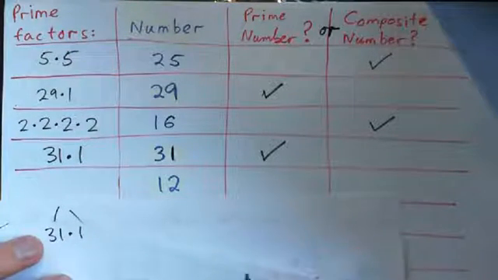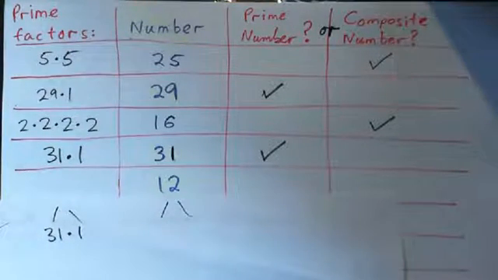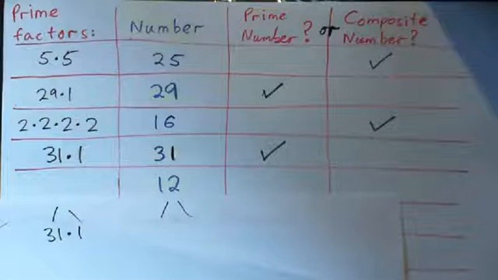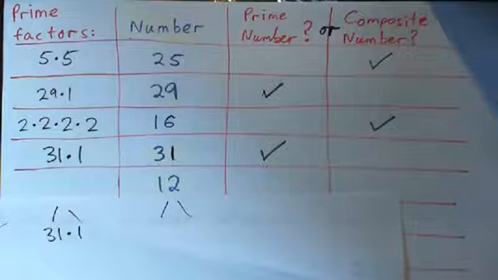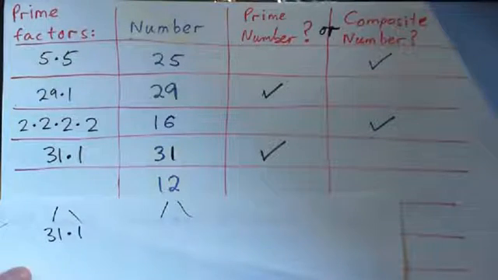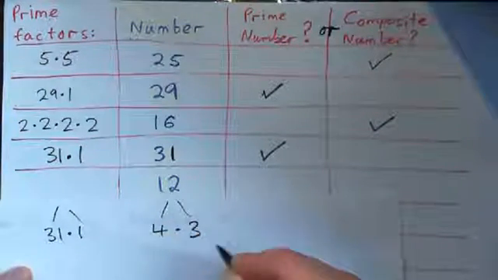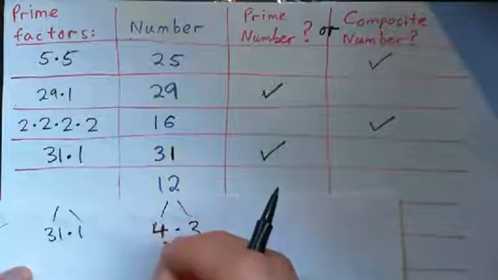Okay, so break 12 down into its prime factors. Break it down as far as you can get it. Okay, so 12 is 4 times 3, but can you break 4 down now?